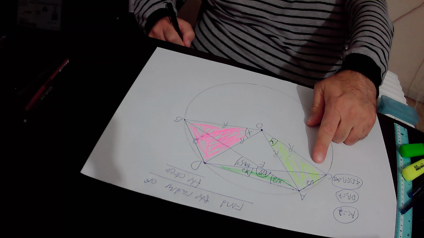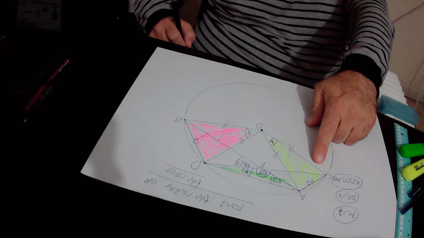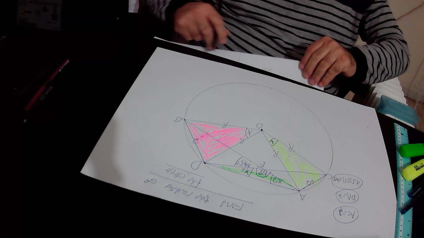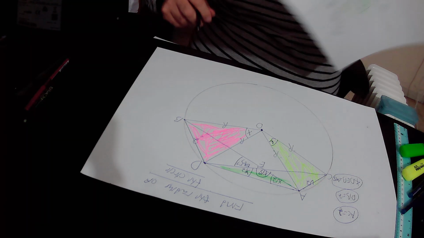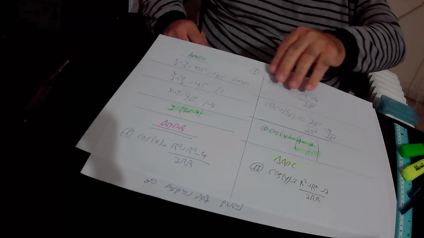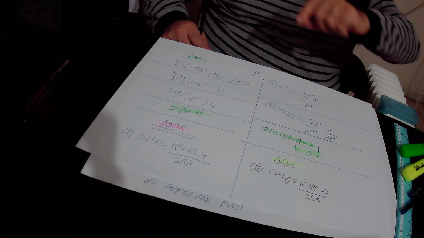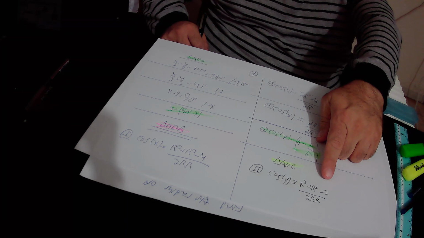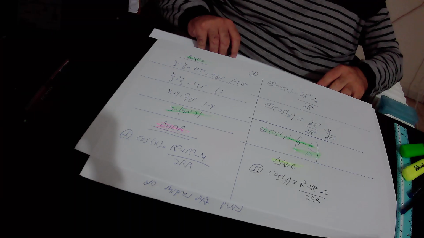Square root of 2 squared is 2, so it is minus 2 over 2 times r times r.